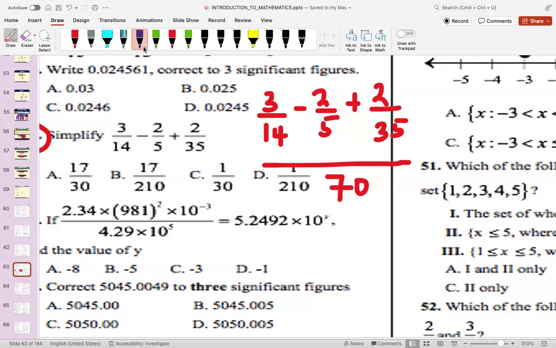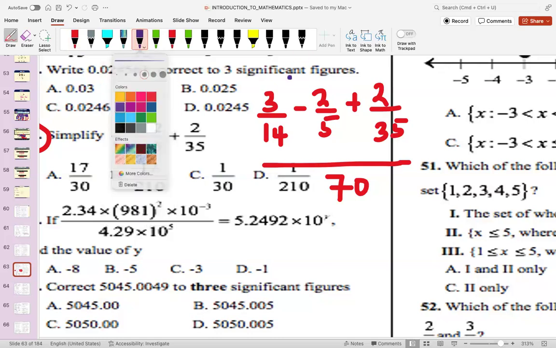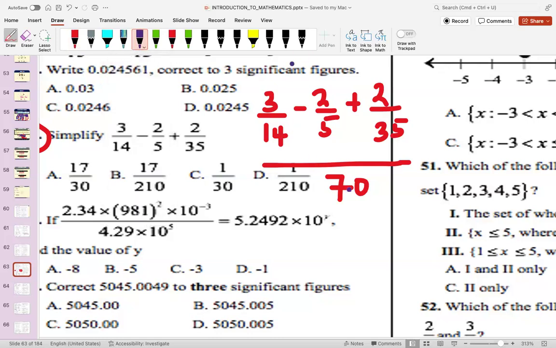So if we use 70, it means 14 will come into 70 5 times, because we just multiply 14 by 5 to get the 70. You multiply the 5 by 3, and then you have 15, minus. 5 goes into 70 14 times.